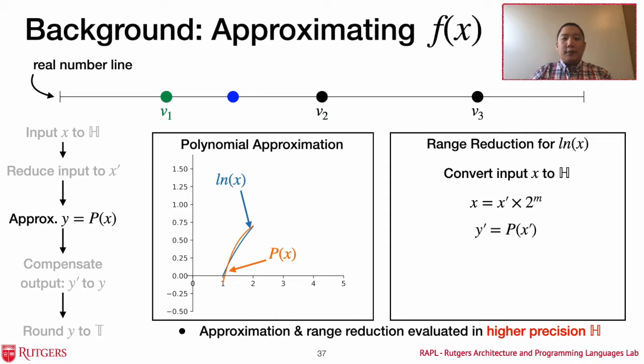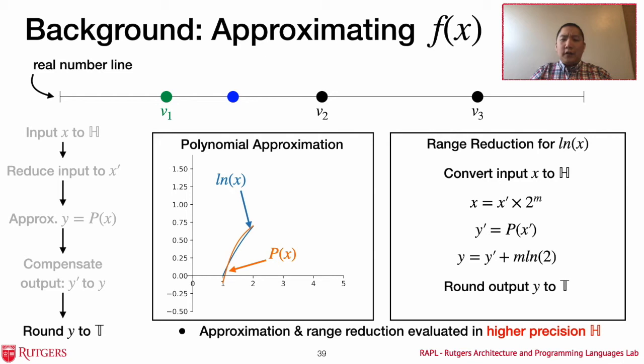Third, the reduced input x prime is used with the polynomial approximation function generated with the minimax approach to produce a value y prime. Now y prime is an approximation of natural log of x prime, not natural log of x. So math libraries compensate the output by using the formula y equals y prime plus m times natural log of 2 to compute an approximation of natural log of x. Finally, the result y is rounded to t and returned.